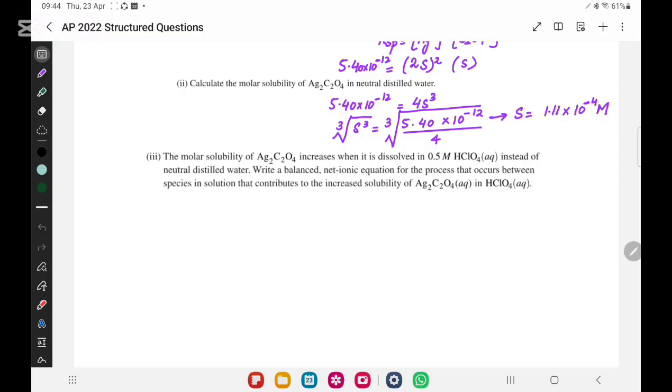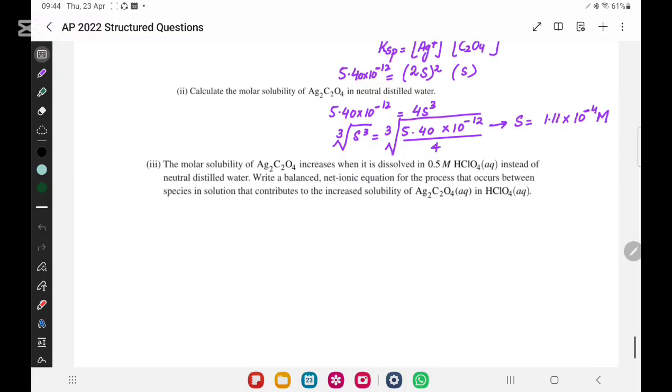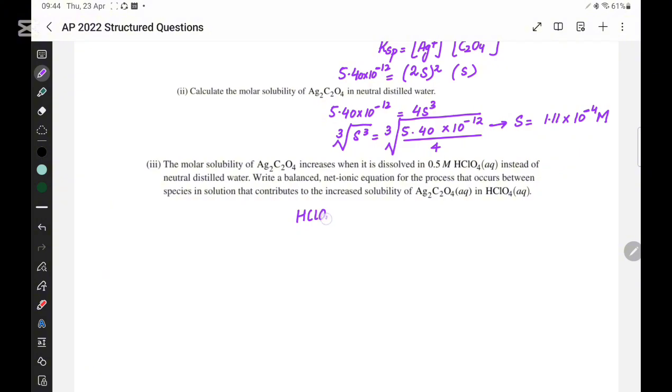So first of all, from HClO4 you are getting hydrogen ion plus ClO4 minus, and from Ag2C2O4 you are getting 2Ag positive plus C2O4 minus 2.